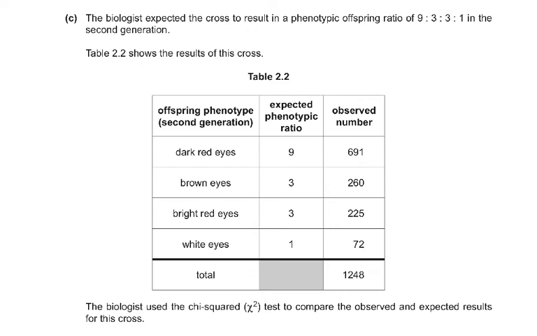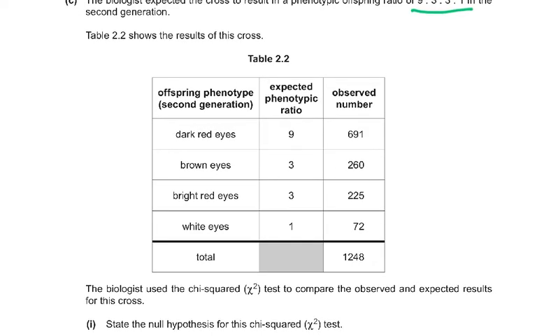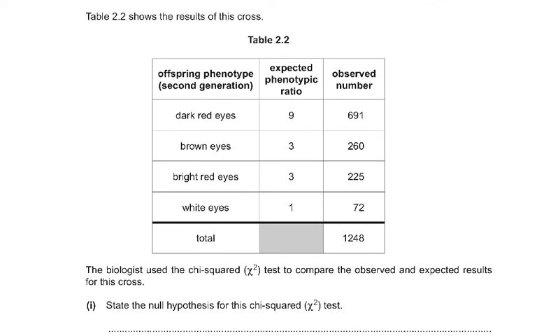Then the C part of the question says the biologist expected the cross to result in a phenotypic offspring ratio of 9:3:1. You know that when it's heterozygous for both characteristics, the ratio is always 9:3:1 in the second generation. Table 2.2 shows the results of this cross. Dark red eyes: expected phenotype ratio 9, observed number 691.